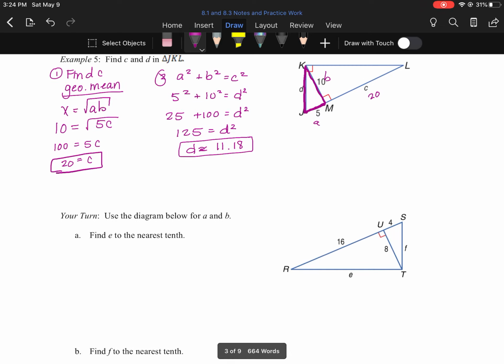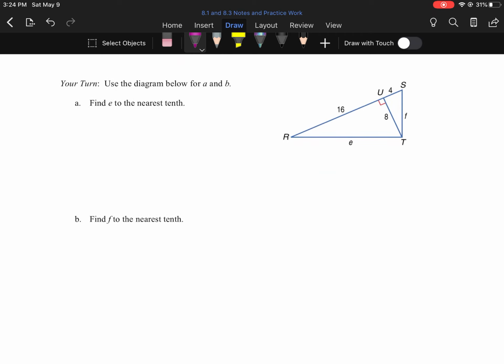So take a few moments, try this last your turn, and then come back and double check your work.